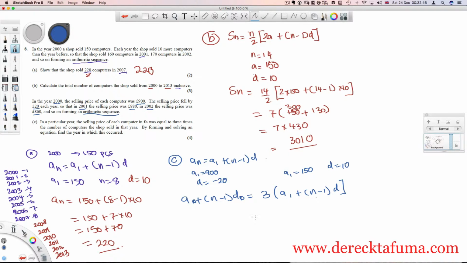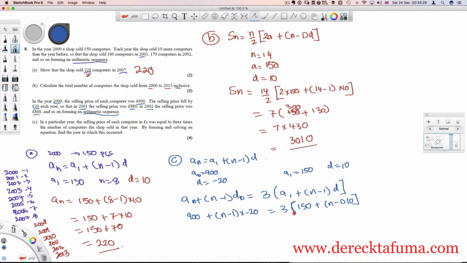On the price side, A naught is 900, so 900 plus (n minus 1), where n is going to be the same for both sides, multiplied by minus 20, is equal to 3 times (150 plus (n minus 1) times 10), because D is 10.